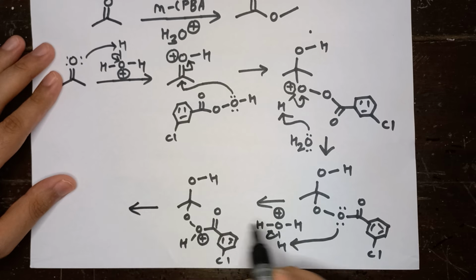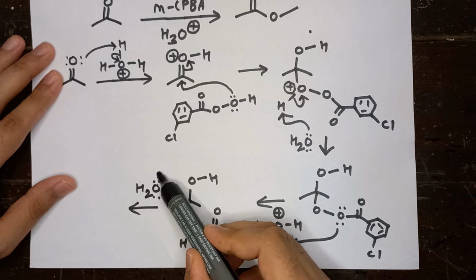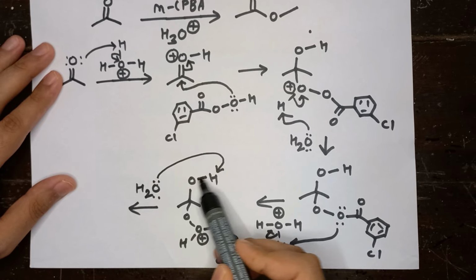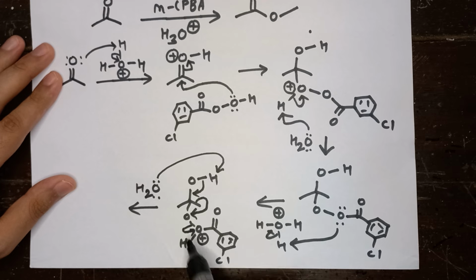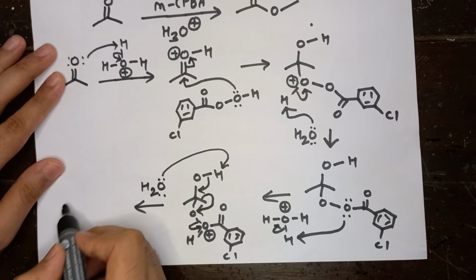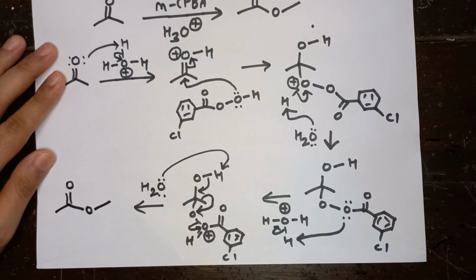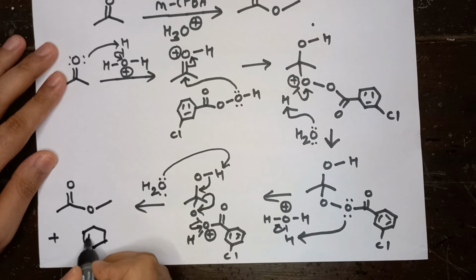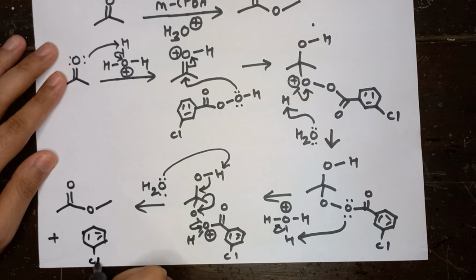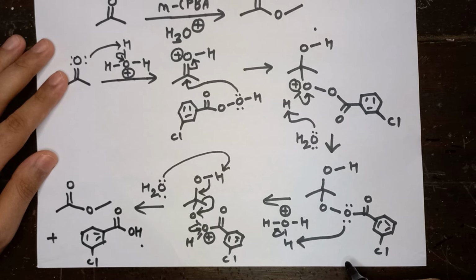Now we removed a water molecule. So this water will take this proton, this bond will form a double bond here, this methyl group will migrate towards this oxygen, and this whole group is going to leave. So this will give me my main product, that is ester, and the byproduct is this one.